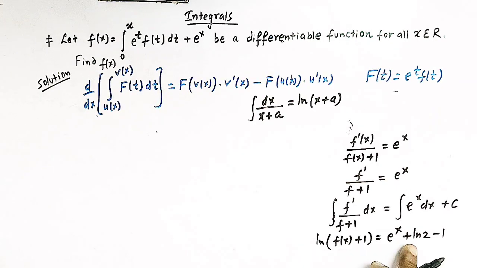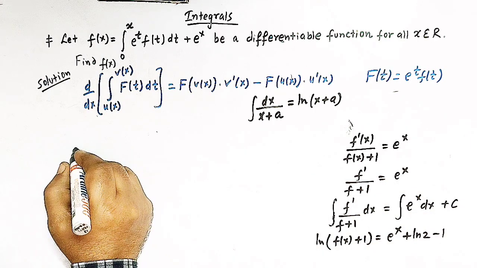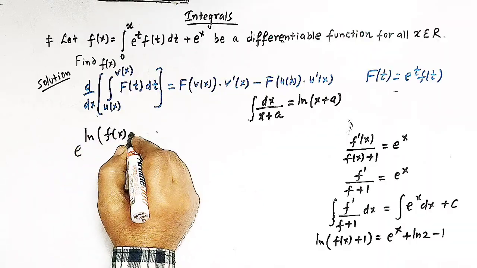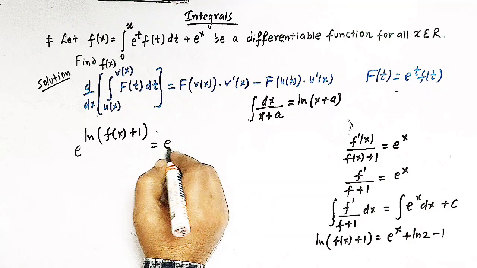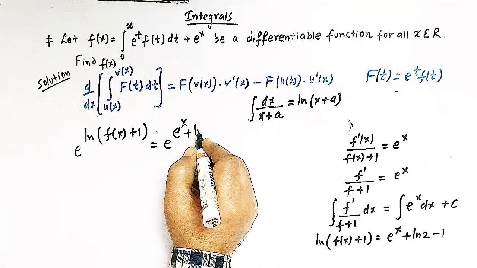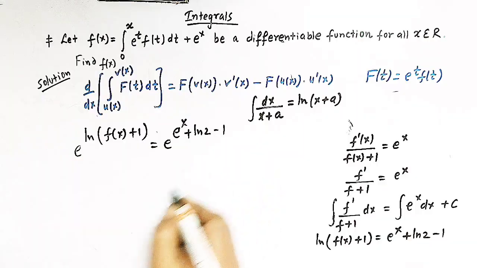So now raising both these sides to the power of e, that is, the exponential number, we have e raised to natural log of f of x plus 1, and here we have e raised to x plus natural log of 2 minus 1.